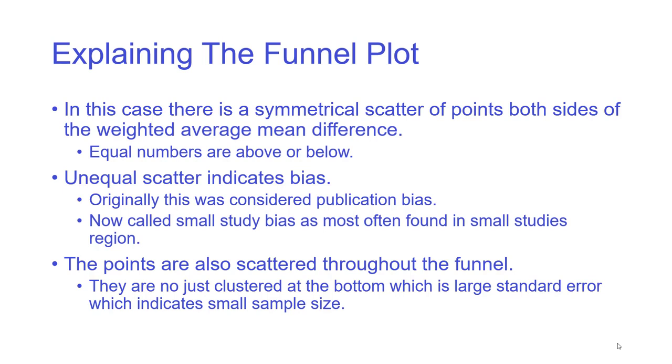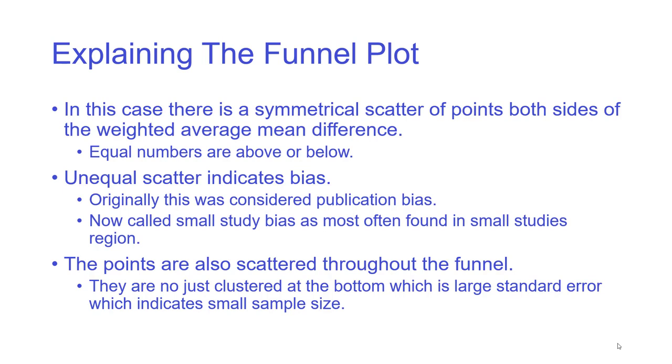Whereas if you do a small study and you find a highly significant effect, you're more likely to report it. So you'll get a preponderance of positive results compared to negative. You also want some scatter evenly throughout the funnel, not just all clustered at the bottom, which means large standard errors and small sample sizes.